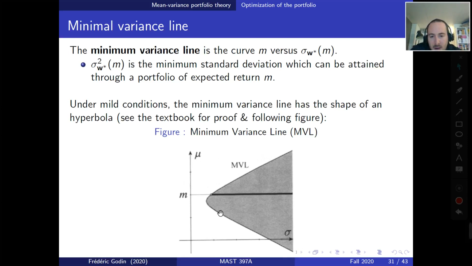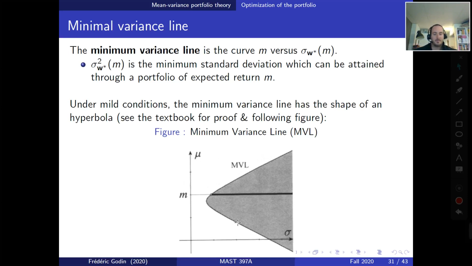It's because if, for example, you draw a vertical line, this says that for a given value of standard deviation, this is the set of possible expected returns you could get. So if you want a portfolio standard deviation of, let's say, 10%, you'd rather take the portfolio which has the highest possible expected return than the one which has the lowest.